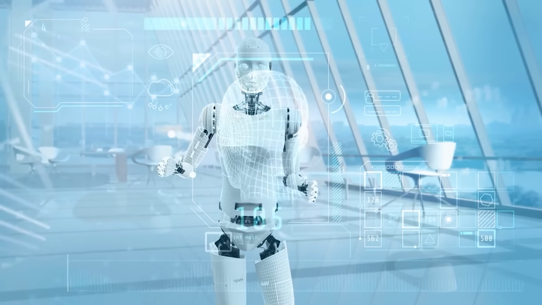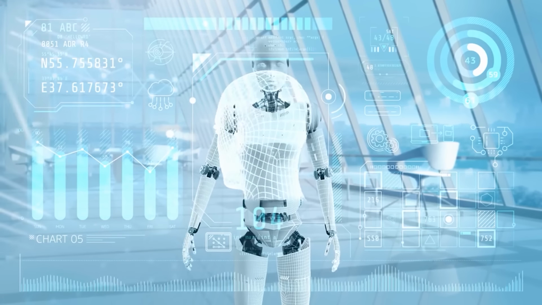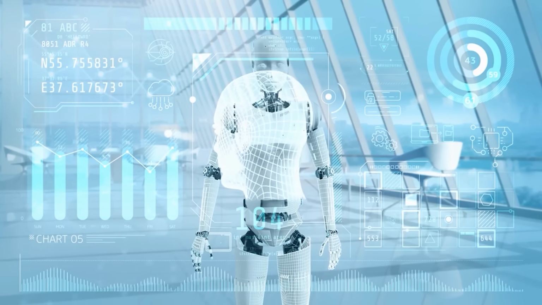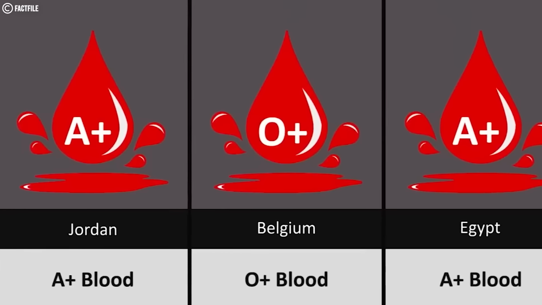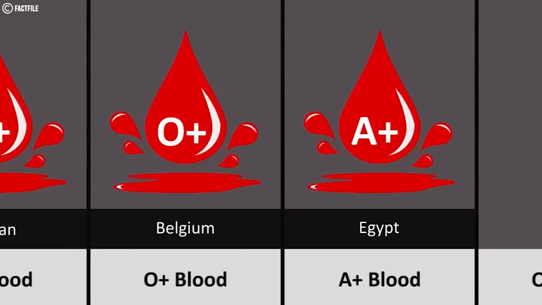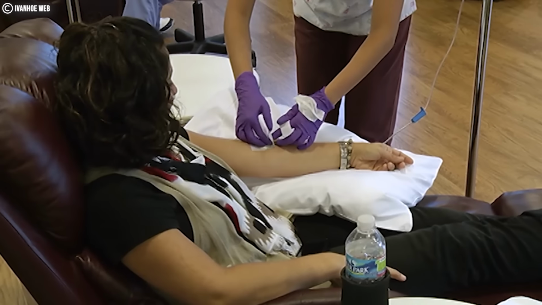Norovirus spreads through what they call the fecal-oral route, basically passed by contact. AI models even picked up subtle differences in how O subgroups respond to common colds and flu, suggesting O immunity isn't a single superpower, but a mix of strengths and weak spots.